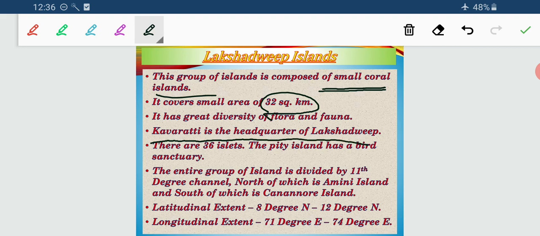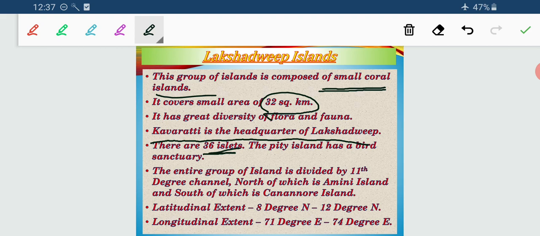Now, there are 36 islets. We know that islands is the plural. When a group of land masses is surrounded by water, we term it islands, but a single land mass is termed an islet.